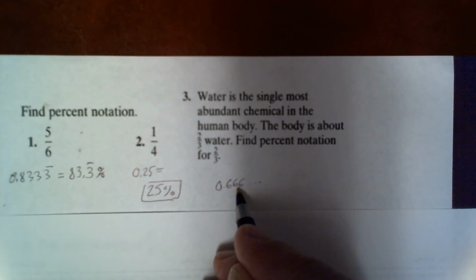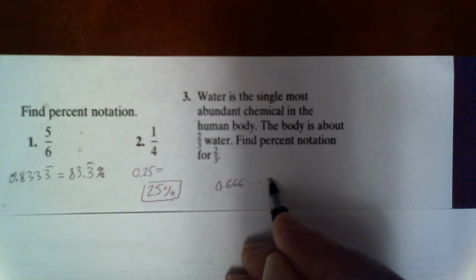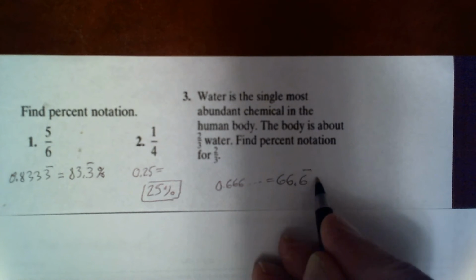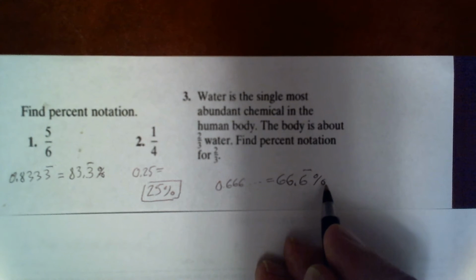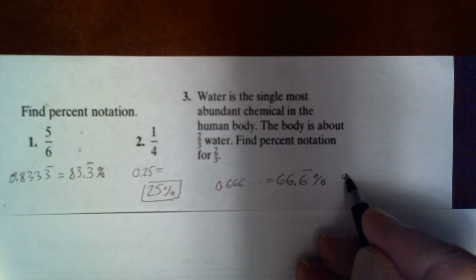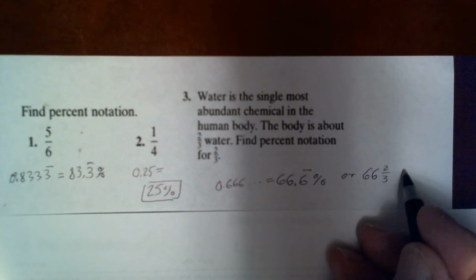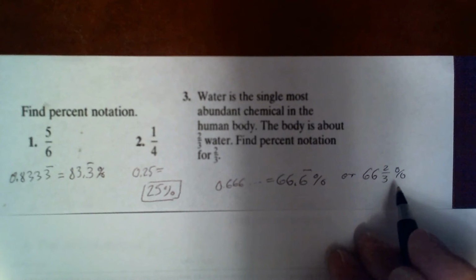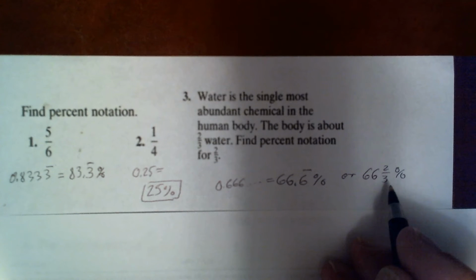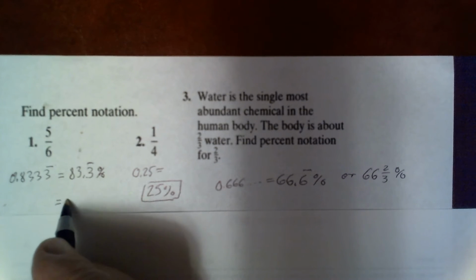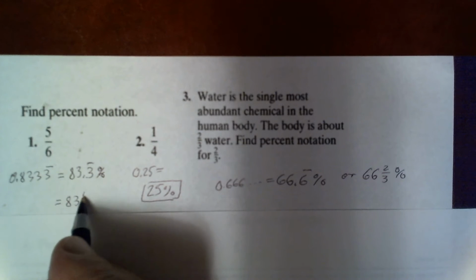So moving the decimal 2 places to the right, it is 66.6%, or 66 2/3%. Which reminds me, we can write this as 83 1/3%.